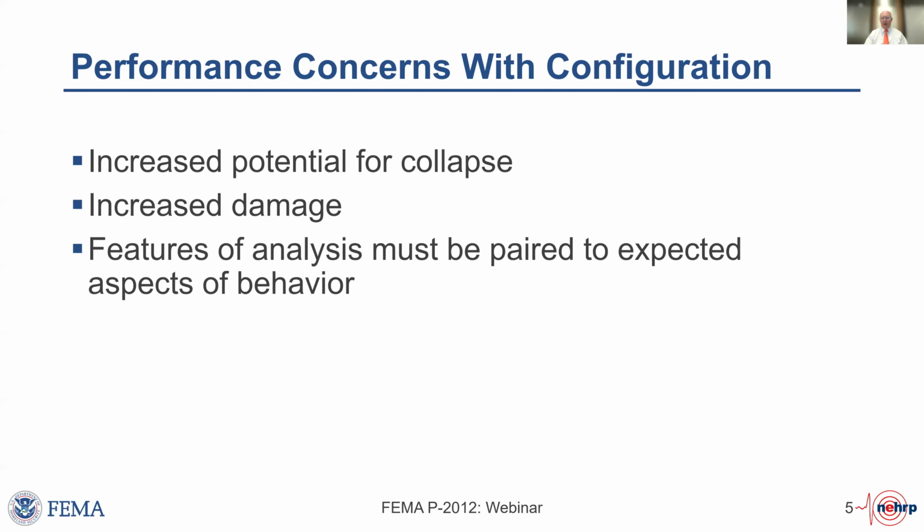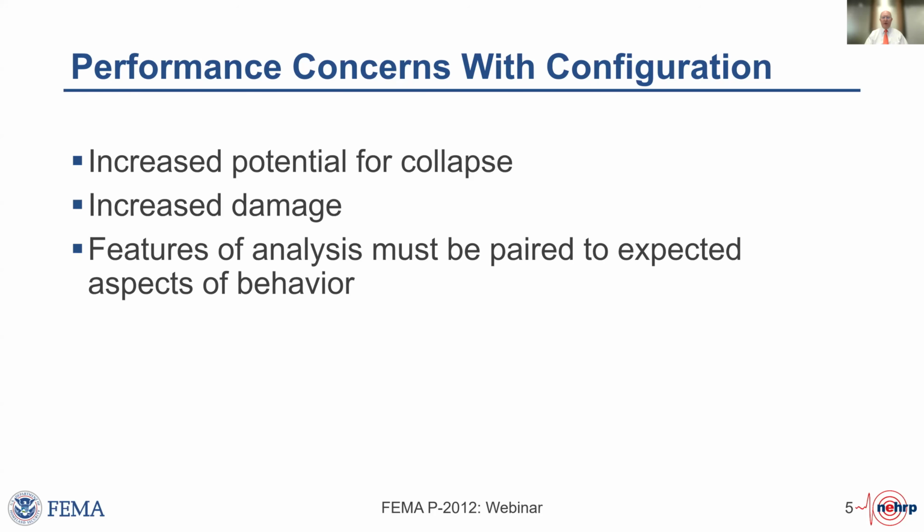There are concerns with configuration, and the performance concerns that we could have, in order of priority, with the highest priority being that there could be an increased potential for collapse. And we know that collapse of buildings leads to loss of life. And of course, there are economic considerations, but loss of life is one of our key societal concerns with earthquake performance.